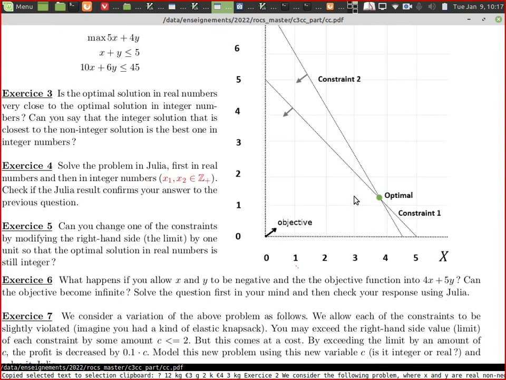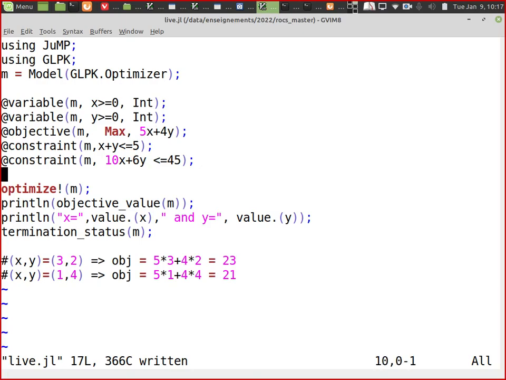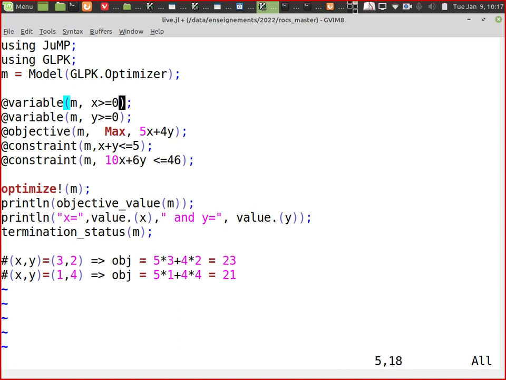So let me go to the Julia code and let me say 46. But the magic here, this is the magic I want to tell you about. I don't need to say integer. Now I solve the problem in real numbers.